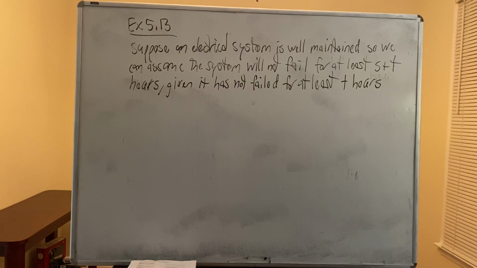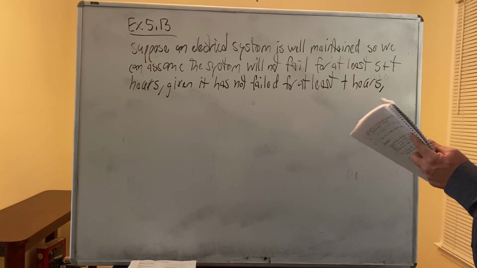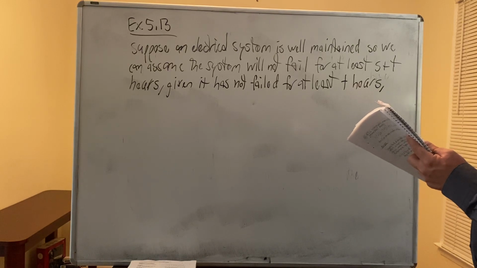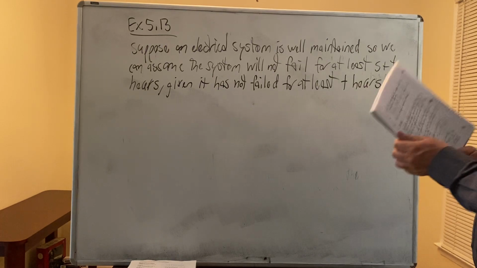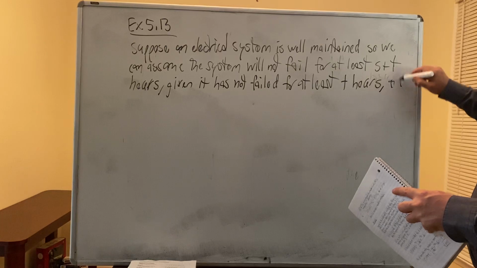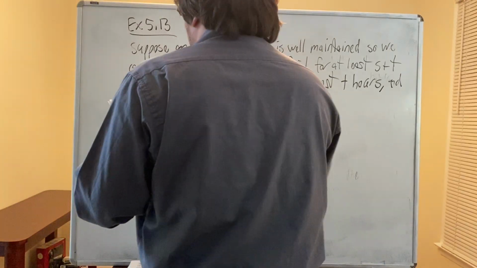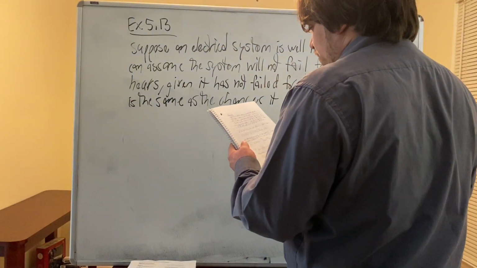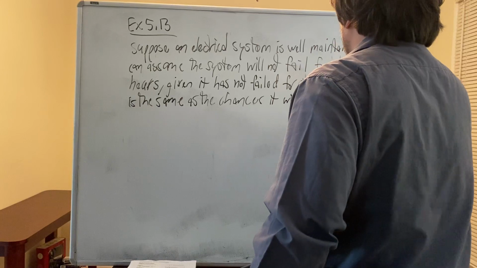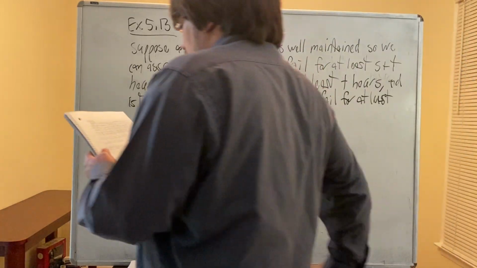Okay, so assume the system will not fail for at least S plus T hours, given it has not failed for at least T hours, and is the same as the chances it will not fail for at least S hours.